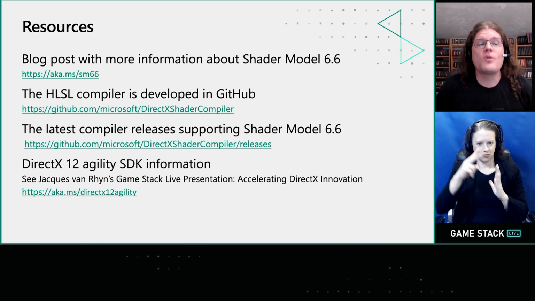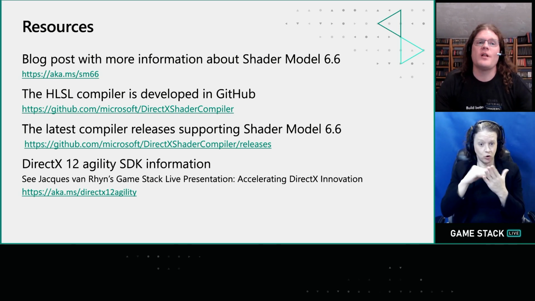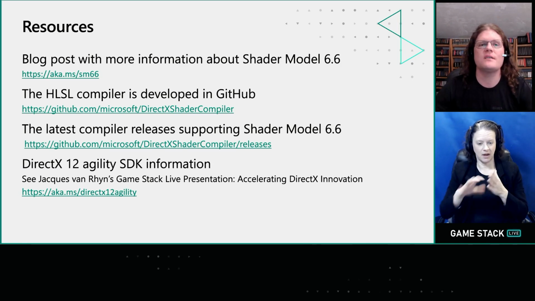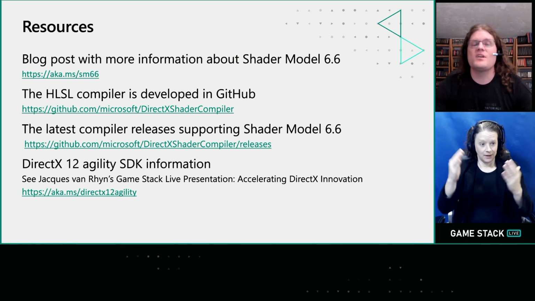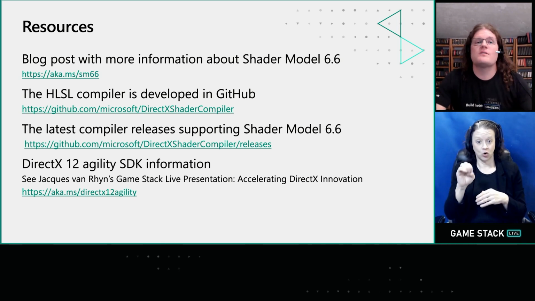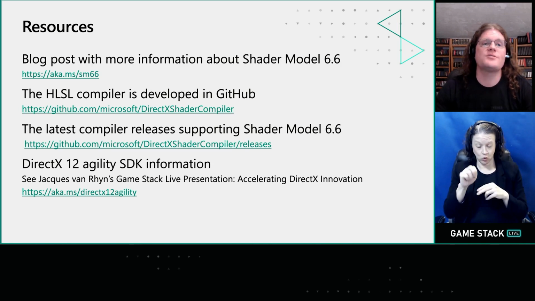All right, so a little more resources if you want to inform yourself a little more about this. There is a blog post that I've written that accompanies this, goes into a little more detail, gives you the latest information and some other useful links. Finally, the HLSL compiler is developed open source. It's in GitHub. You can look at all the source, you can make suggestions, you can check it out and make alterations yourself.